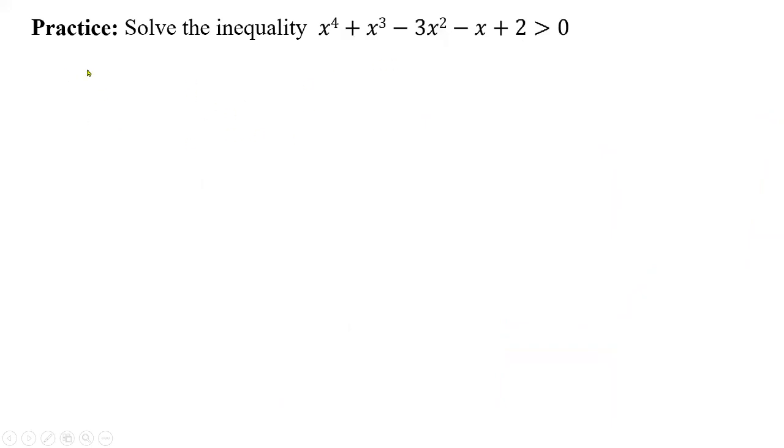Okay, solve the inequality x to the power 4 plus x cubed minus 3x squared minus x plus 2 is greater than 0.